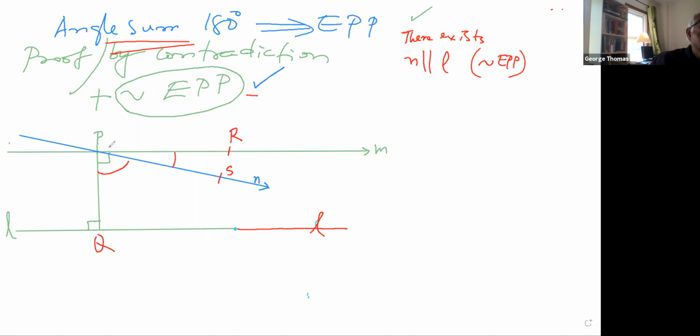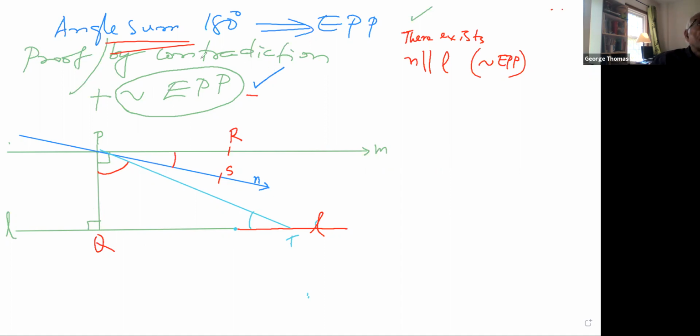What happened to us, guys? We proved that there exists a triangle QTP where the angle sum was less than 180 degrees, which contradicts this, okay? And therefore this assumption has to be wrong.